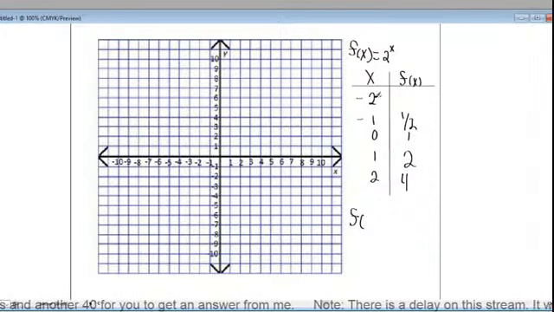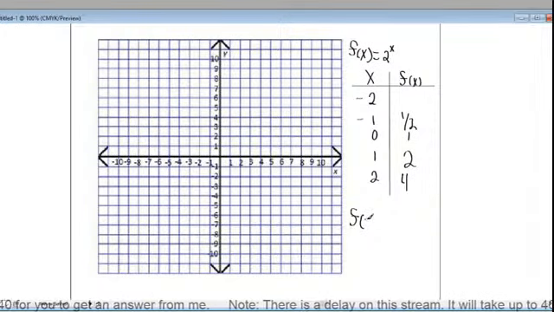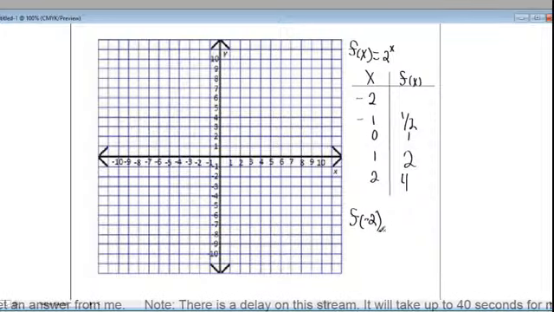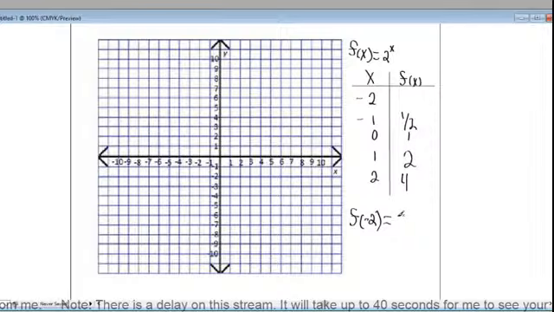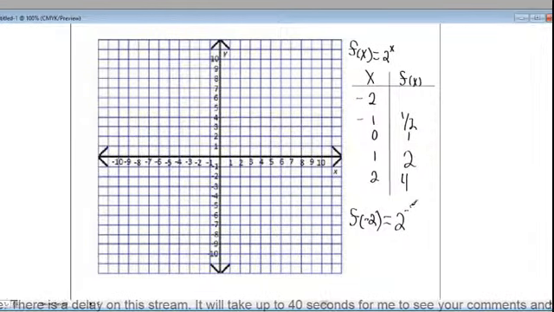So how about negative 2? F of negative 2. So it's still going to take the reciprocal, but now we have power 2 as well. So f of negative 2 is 2 to the negative 2.